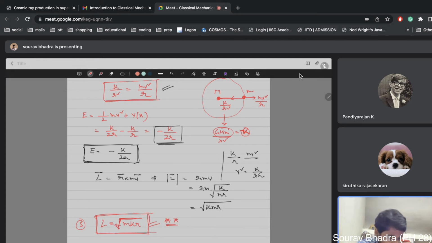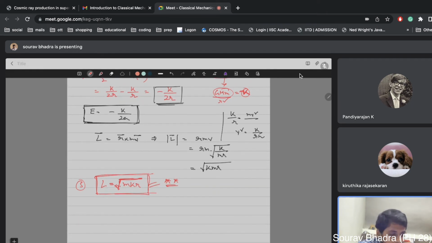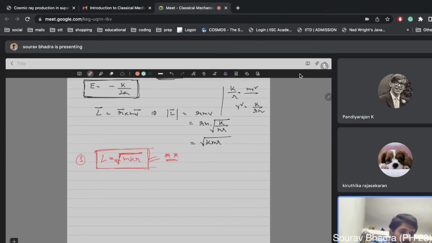Just try to remember that. You can calculate this L from first principles, no problem in that, but if you can remember it, then it will be very helpful. That's what I want to say. I am not saying that you cannot derive it. Always you can derive it from first principles.